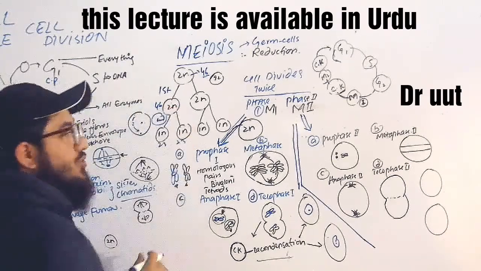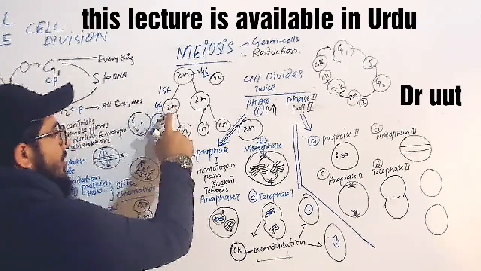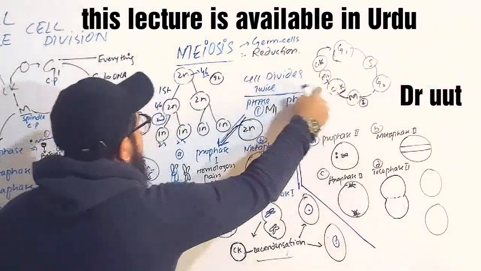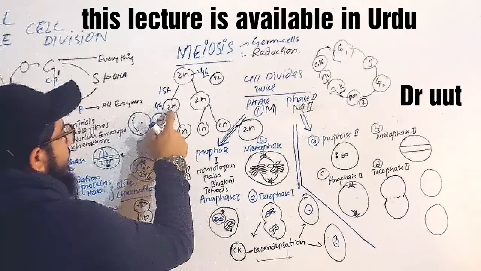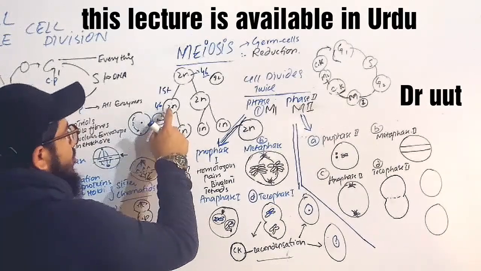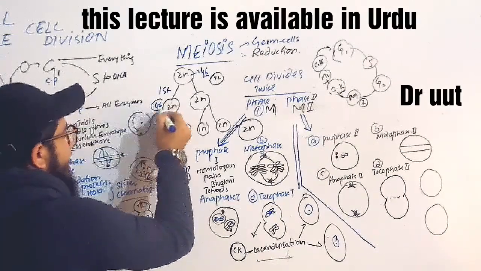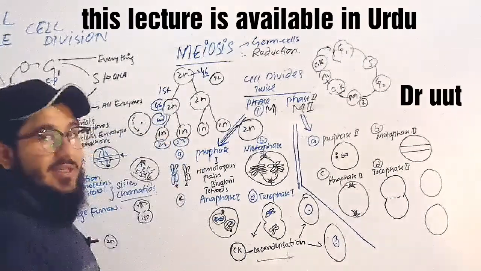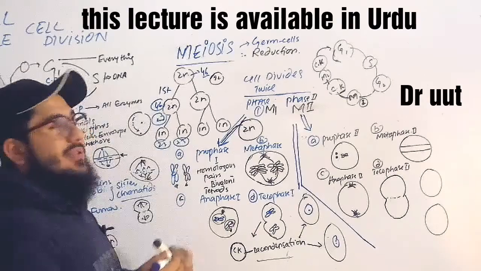Now here, what number of chromosomes? 46. So this daughter cell skipped the S phase. Now here is no S phase. That's why the 2n number of chromosomes were diploid here, meaning there were 46, and then 23 will be provided to each sub daughter cell by this daughter cell.